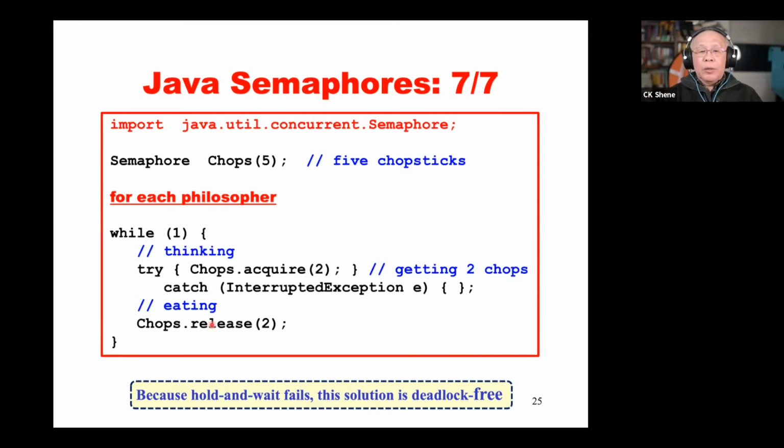Now, because a philosopher must get both chopsticks at the same time, the hold and wait condition is violated. This solution is deadlock-free. So here we show you the Java form of acquiring multiple permits being useful. Hopefully, you are able to explore further.